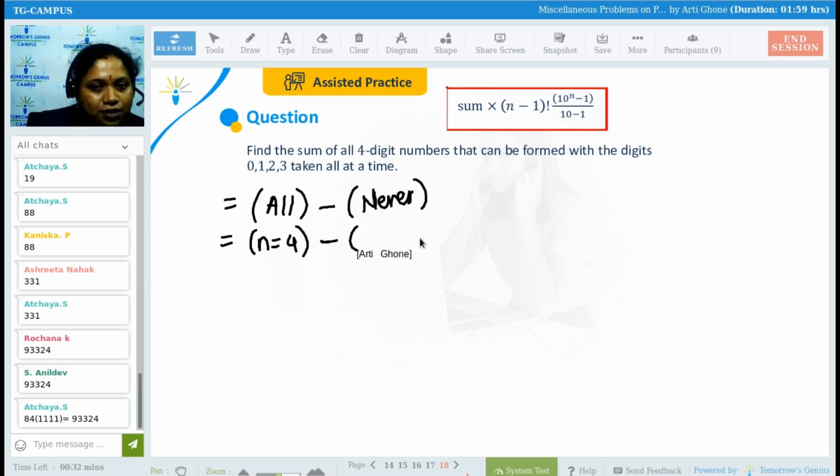Then you will subtract the count where 0 is at the first position, that means n equal to 3. Clear? That we are always doing when vowels are together or girls are together, we get the never together case. So all cases minus never cases. Here all cases is n equal to 4 in the same formula, and excluding 0 you will have n equal to 3. Now tell me the final answer.